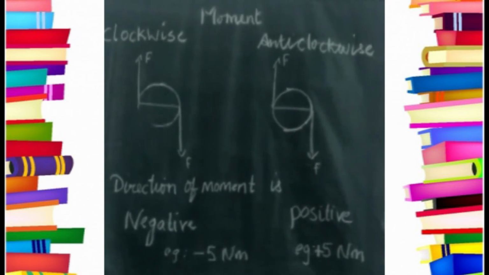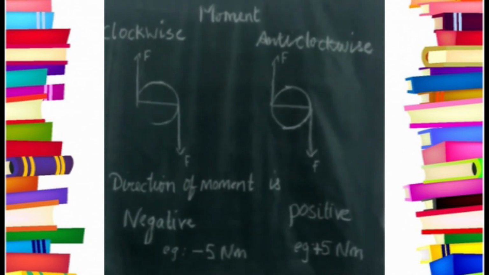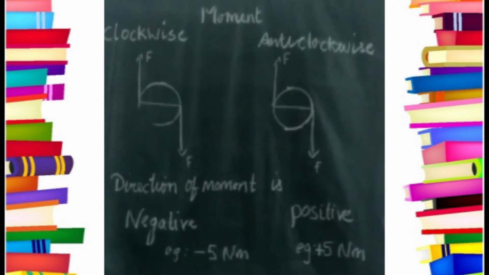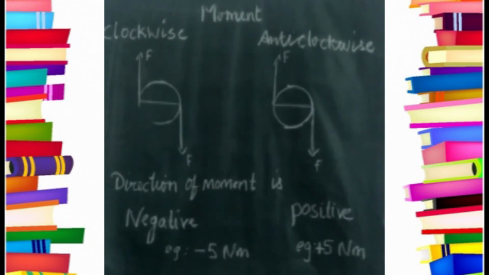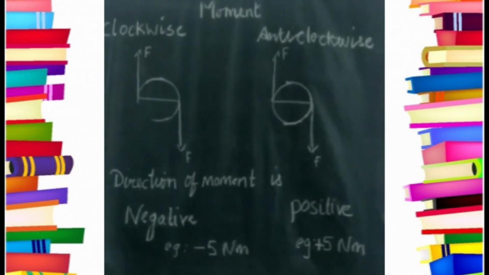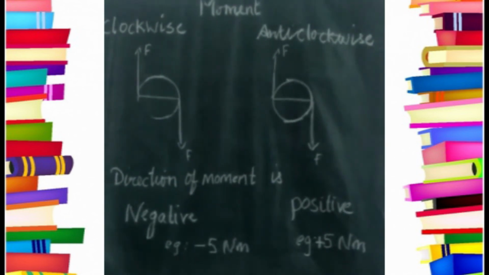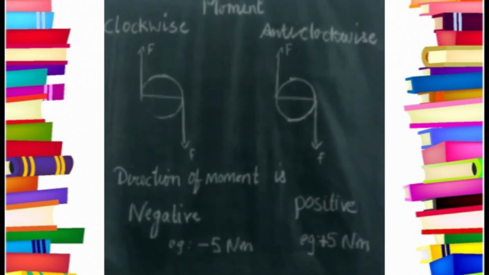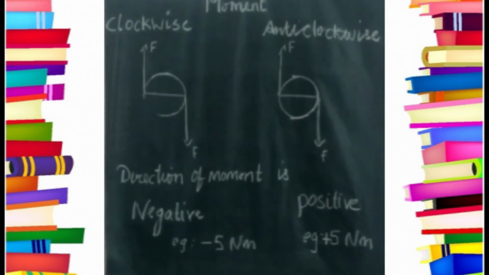If the body is rotated in the clockwise direction, then the moment of force or couple is taken as negative. For example, you write minus 5 Newton meter. If the body is rotated in the anti-clockwise direction, the moment of force or couple is taken as positive. Then you write plus 5 Newton meter.